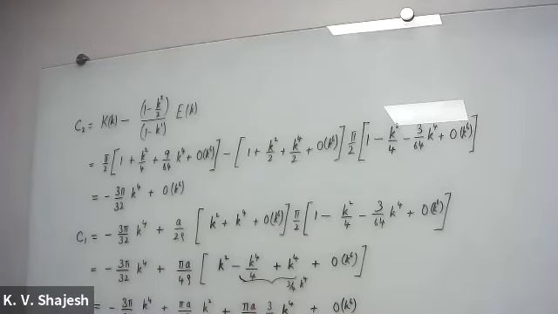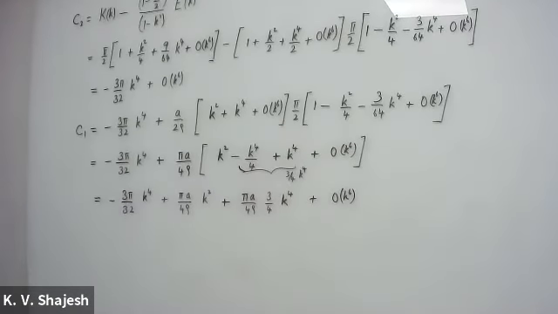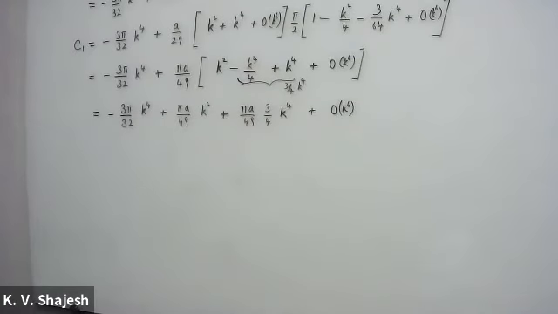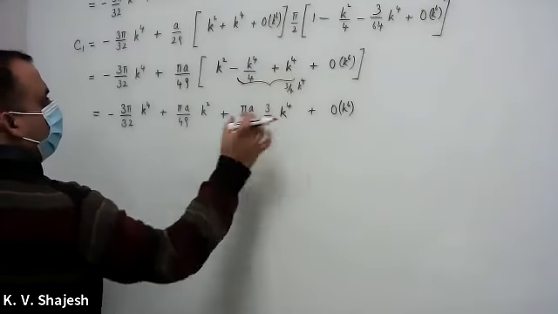Let's replace them with our radius. Was I visible there? Barely. Okay, hopefully you managed. The only thing I did was collect these two together into 3 by 4 k squared.